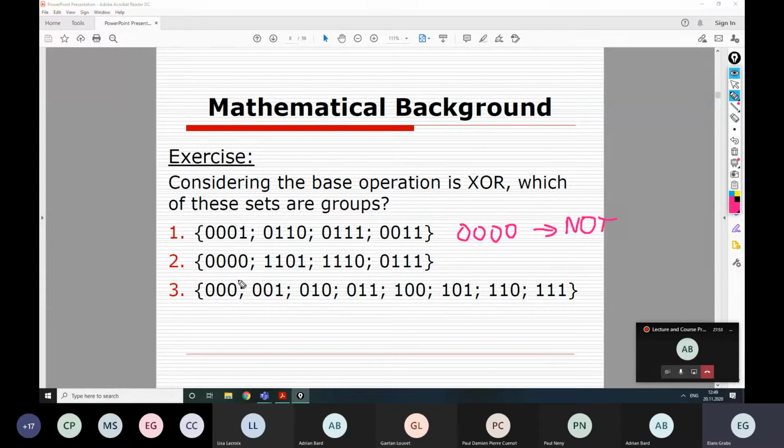The second one also isn't a group, but because of a different reason. Here we have that 0 element, our unity element. However, if we, for example, select these two numbers and add them up together by using XOR operation, let me do that here.